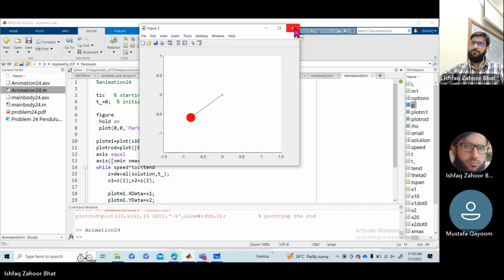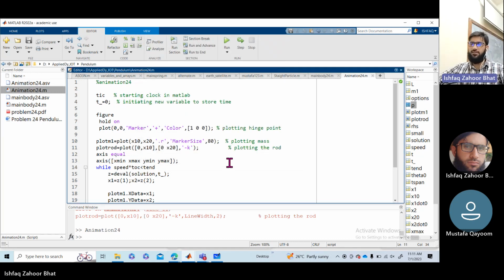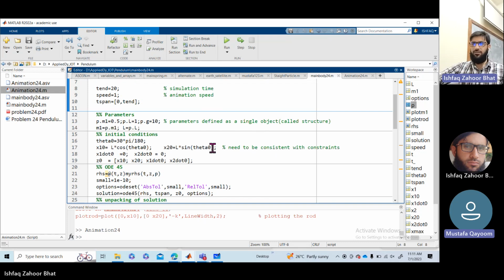Are you getting it? Theta is this angle with respect to horizontal or vertical? You should answer what it is. Going back to the animation, I see it is the angle with the horizontal. See, I am writing x1 as L, and x1 and x2 as this.